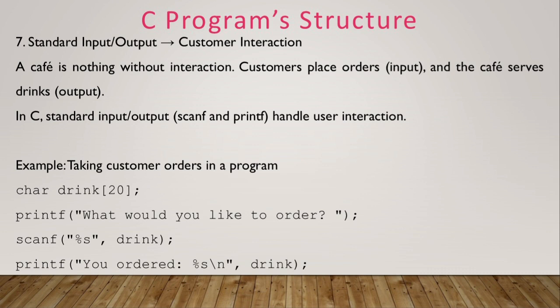Input, output, input, output. You can see printf is output, scanf is input, again printf is output. Maybe it will ask again for something, the user will enter, then again input. So input output is basically the interaction, and that interaction is responsible for the data flow between the user and the system.